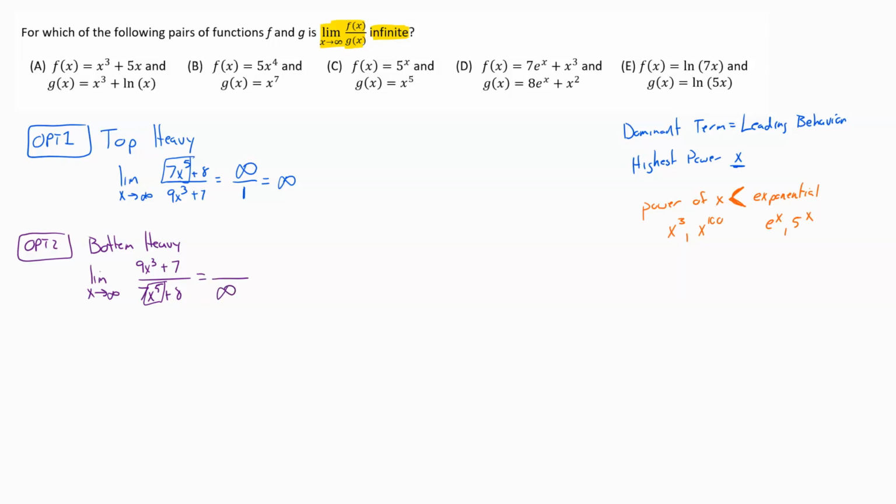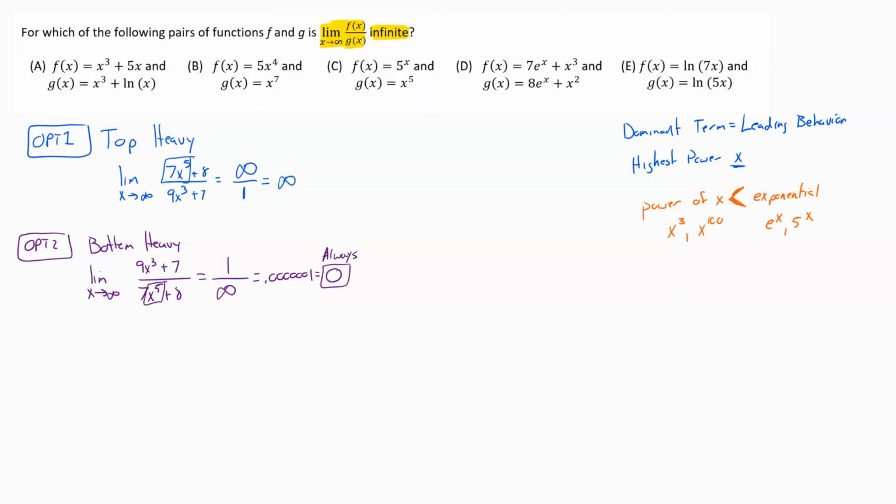The bottom is getting huge, that number is headed to infinity, and there's nothing the top can do to stop it. So 1 divided by infinity is like a decimal point with a ton of zeros and then a 1. And so really what that's saying is that this is headed to 0 always. So if you get a bottom heavy situation, you know that you're headed to 0.